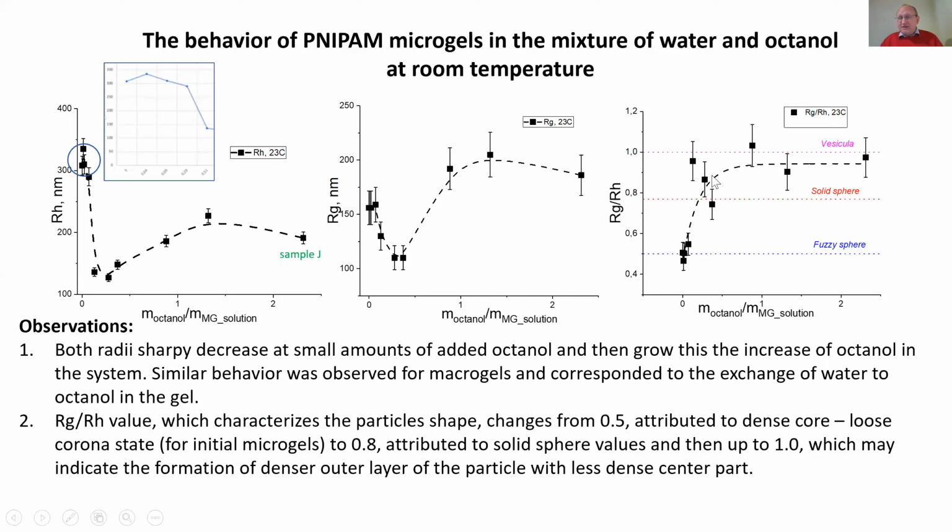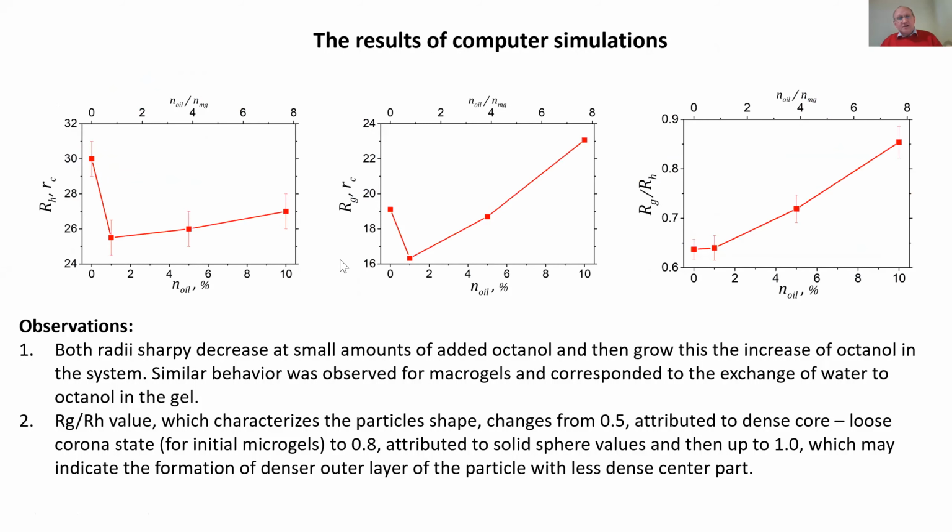But with the increase of this ratio, we go to the regime of solid spheres, and we are really close to the vesicular structure, which is also proof that the internal structure of the microgel changes upon the uptake. Similar results are obtained in computer simulation as well.